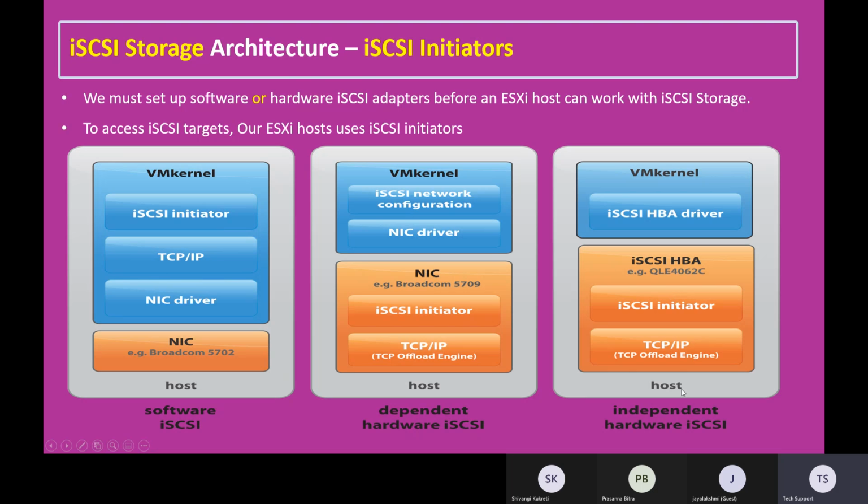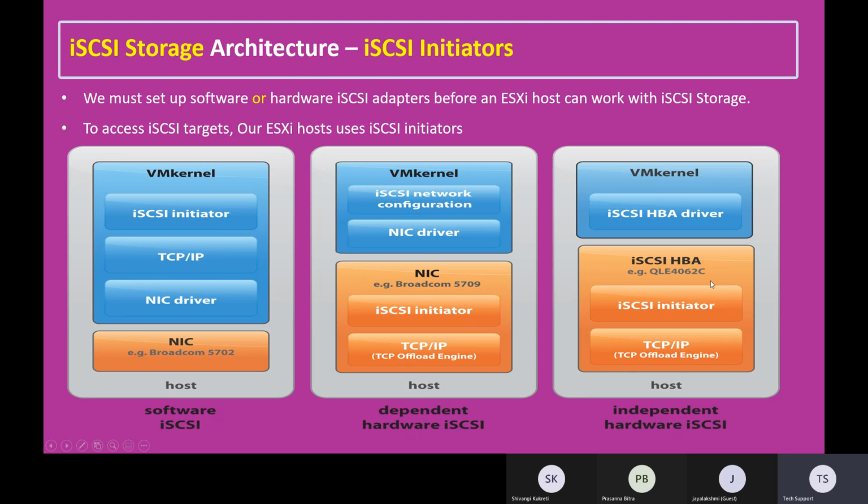Or else in some scenarios you can purchase the independent hardware iSCSI. But why are there three differences? Obviously the cost is high for an iSCSI HBA card. If you want to reduce the cost, you can go for a dependent hardware iSCSI NIC card. And if you want to reduce the budget even more, go for a software iSCSI. But obviously, when you use a low cost network card with the software iSCSI, the performance will not be up to the mark.